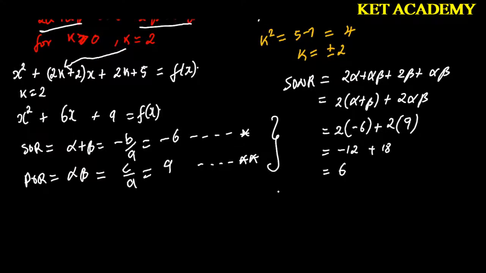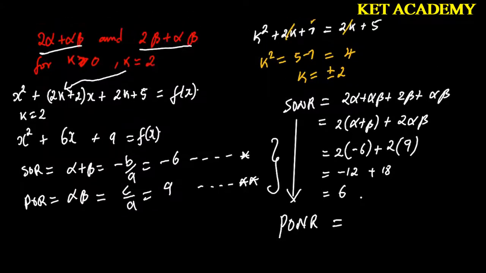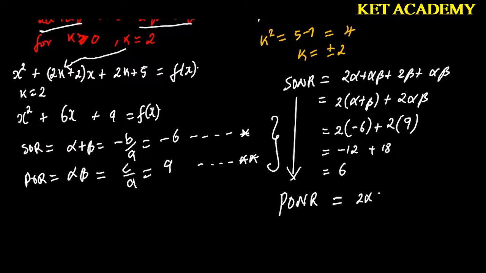Now, our product of new roots will be equal to 2 alpha plus alpha beta times 2 beta plus alpha beta.